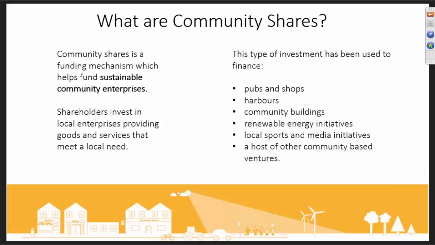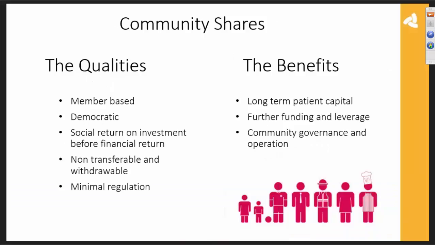They can also come from outside the community, and that can be international as well. I think it's worth pointing out that for these shareholders, this is not about making any kind of financial profit. Sometimes that can be a small part of it, but this is about people who want to get involved and support a cause that they really care about, and something that's going to have a real social impact within their community.